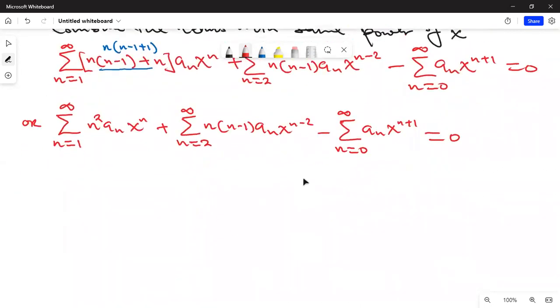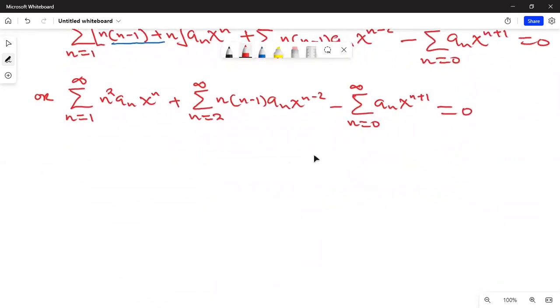So now what do we do? Look at the powers of x. They are different in the three summations. So what we do, I want to be able to transform these powers of x to a common power of x. Usually, you transform them to the power of x that is the lowest power of x. What is the lowest power of x here? It is n minus 2.